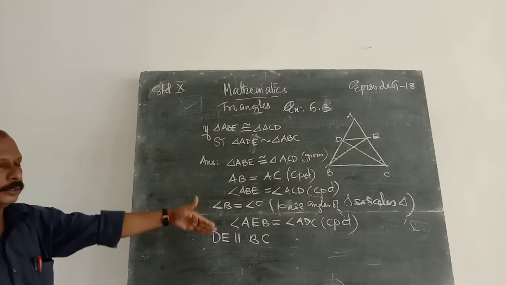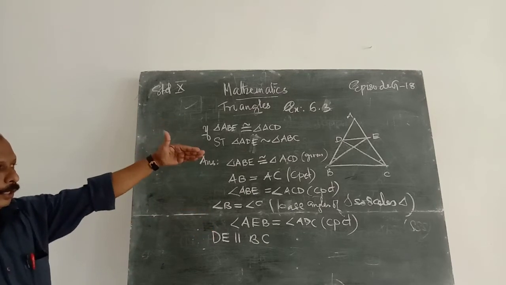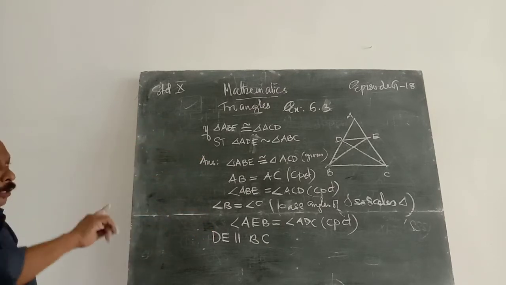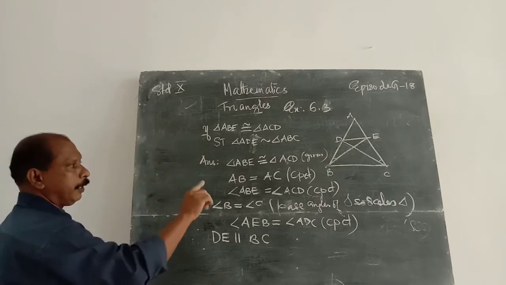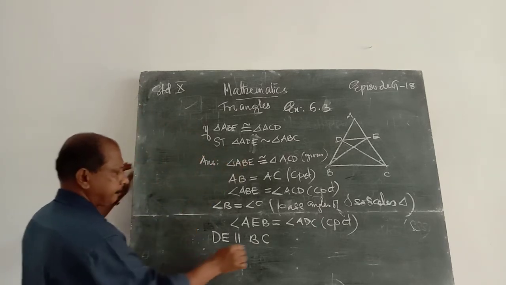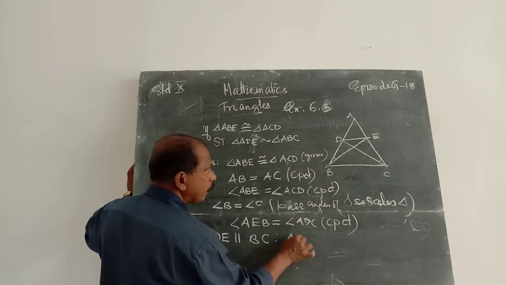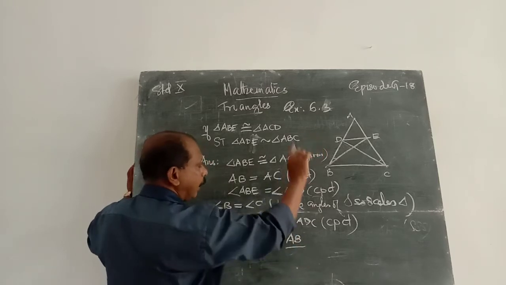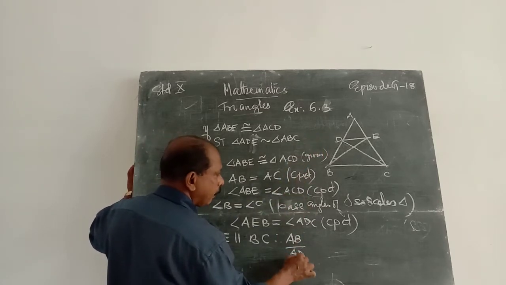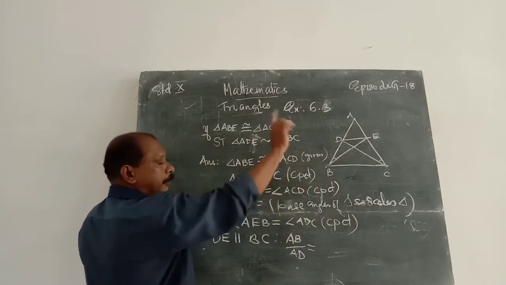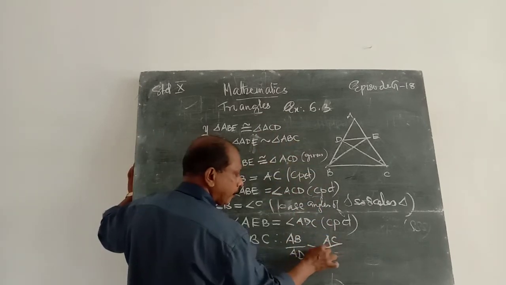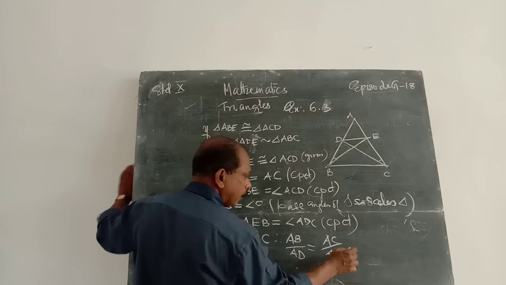From these results, we know that DE is parallel to BC. Therefore, AB by AD is equal to AC by AE. What is it?